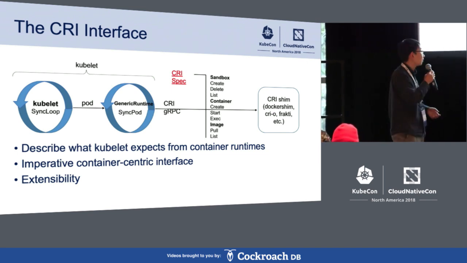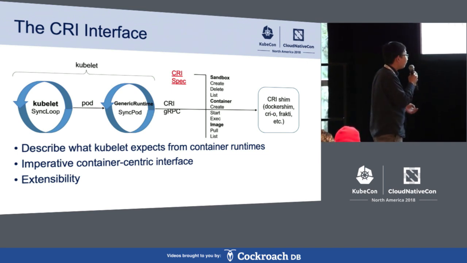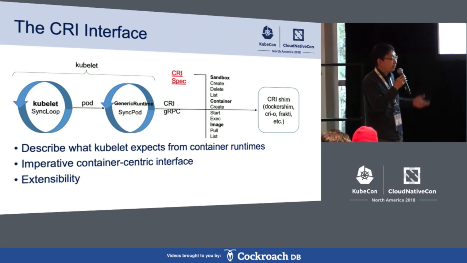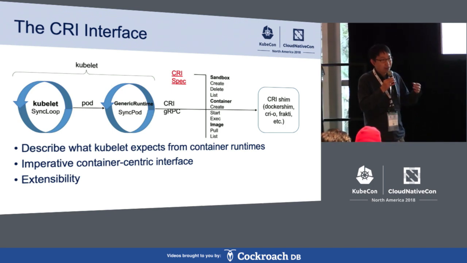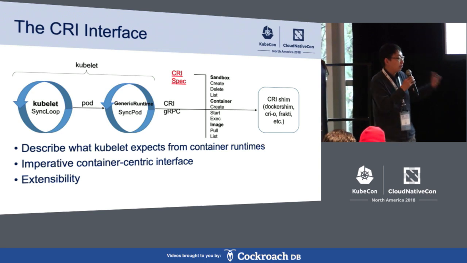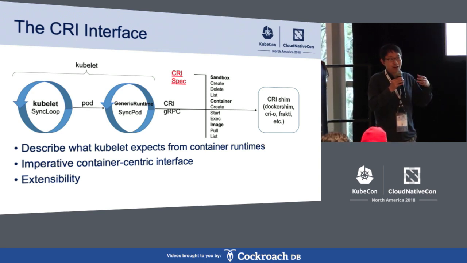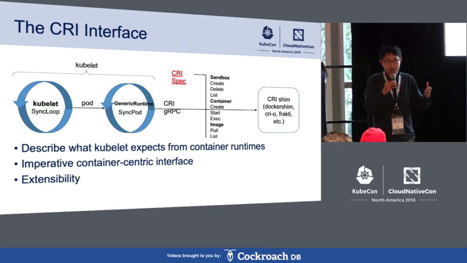I think the keyword of CRI here is extensibility. We want to make sure that the maintainers of container runtimes like Docker and containerd have total freedom to implement their own CRI shims for Kubernetes.